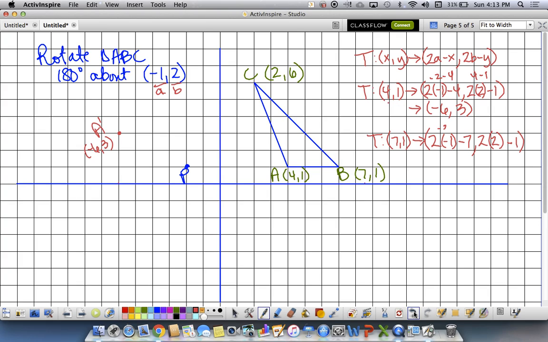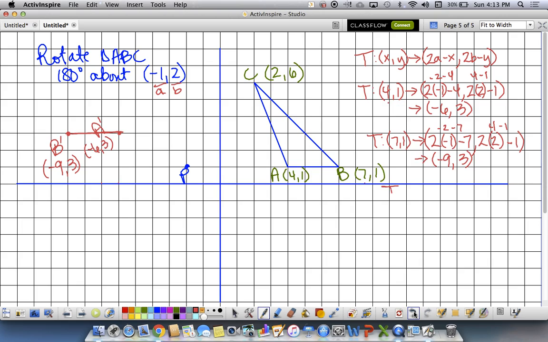So negative 2 minus 7 is negative 9. 2 times 2 is 4 minus 1 is 3. So it's on the same line. Negative 6, that's 7, 8, 9. That is my B prime, which is negative 9, 3. Okay? And obviously I'm drawing through my letter, and that's okay.